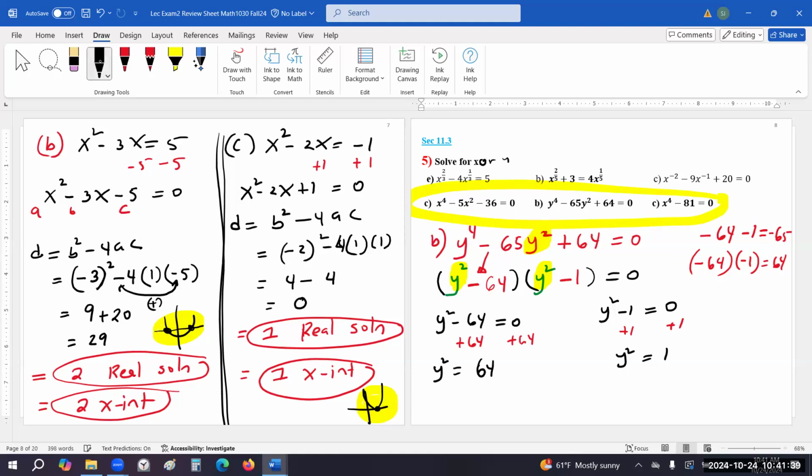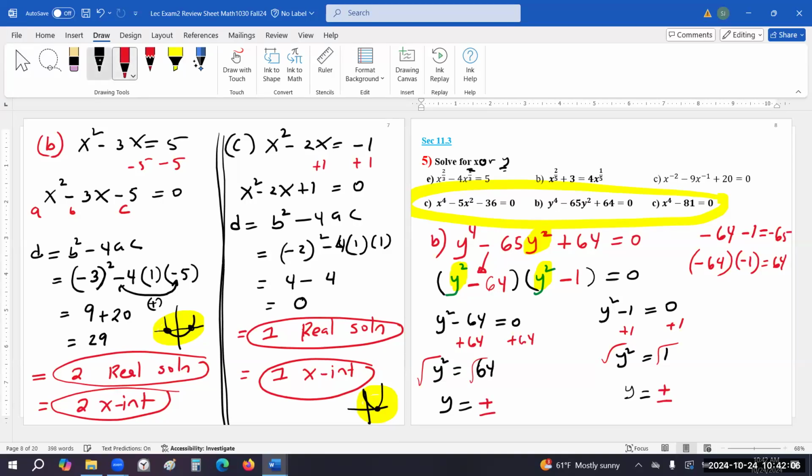So we have to solve for y, not y squared. How can you get rid of the square power? Square root. And we took the square root of a variable. So what happens to the other side? What do you put on the other side? Plus minus.